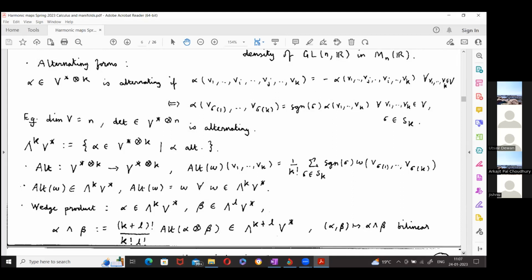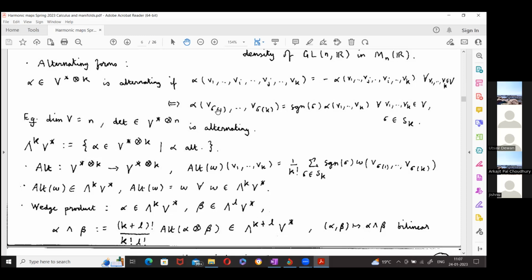So we've talked about multilinear functions, right? The space of multilinear functions is identified with (V*)^⊗k. We say a k-multilinear function alpha is alternating if whenever you interchange two vectors v_i, v_j, then alpha changes sign. So when you permute by a transposition, the sign changes by -1.